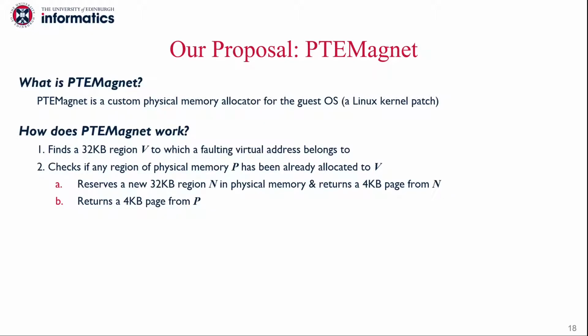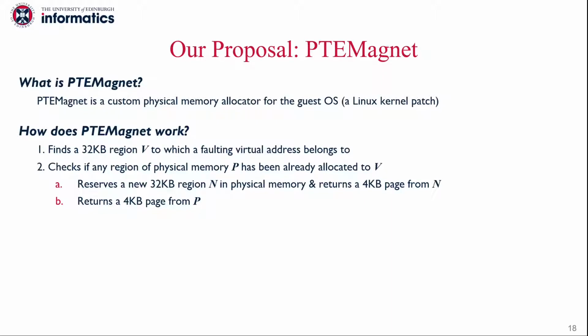So how does PTEMagnet work? On a page fault, PTEMagnet first, in virtual address space, finds the 32 kilobyte region to which the faulting virtual address belongs. Then PTEMagnet checks if a region of physical memory has been allocated for this region of virtual memory. Further, PTEMagnet takes one of the following two actions.